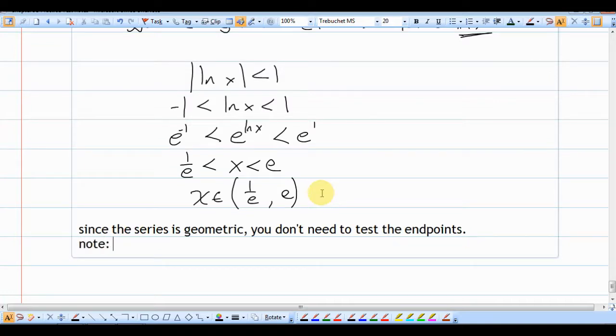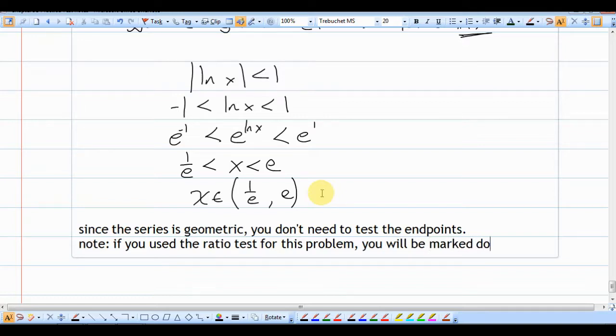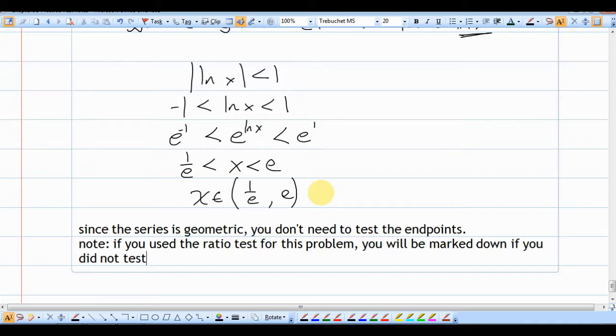Note, if you use the ratio test for this problem, you will be marked down if you did not test the endpoints.